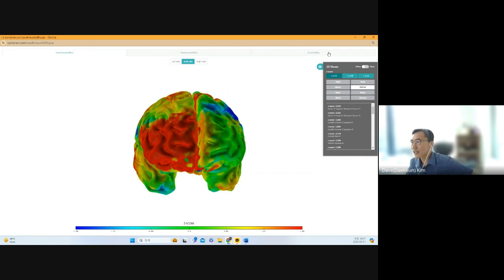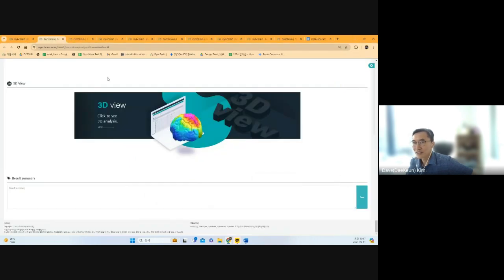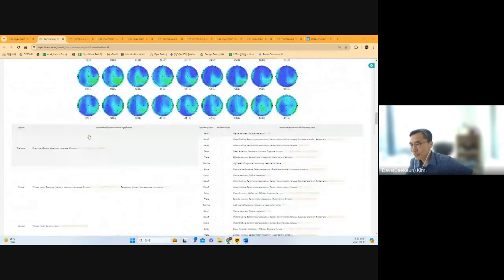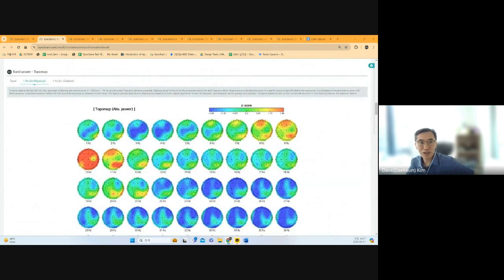And then we can give this depression patient QEEG-guided photobiomodulation. For example, I think we can give the photobiomodulation based on this QEEG profile.